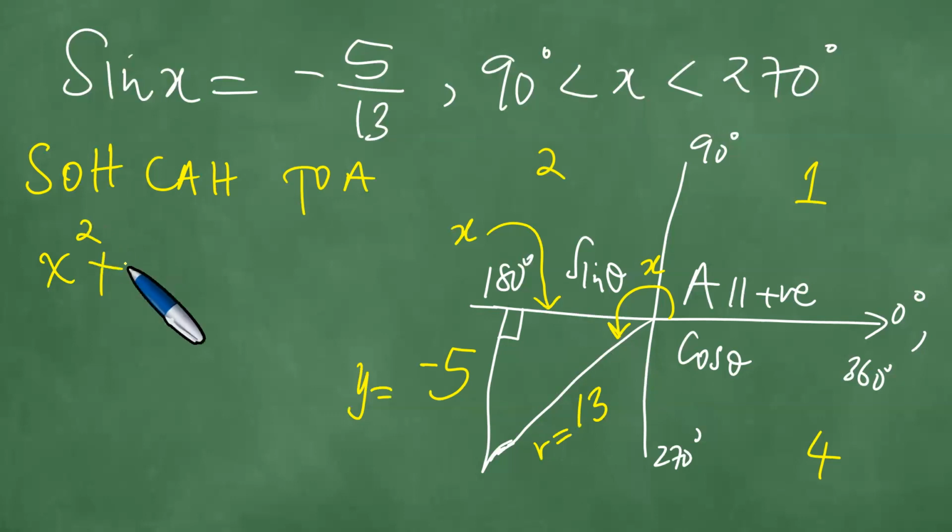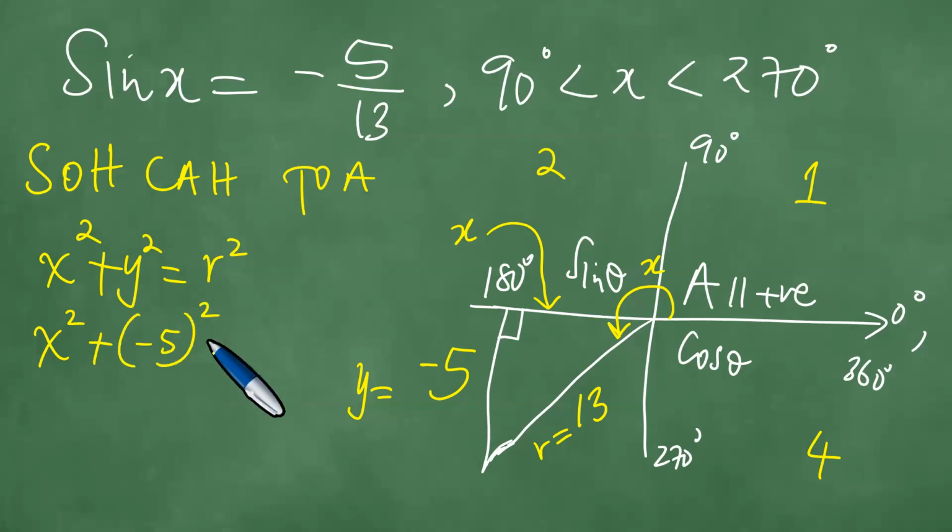Pythagoras says x squared plus y squared is r squared. We plug in the y, which is -5. We plug in the r, which is 13. So we therefore have x squared plus, what is the y? It is -5. We square that. The r is 13. Similarly, we square this.